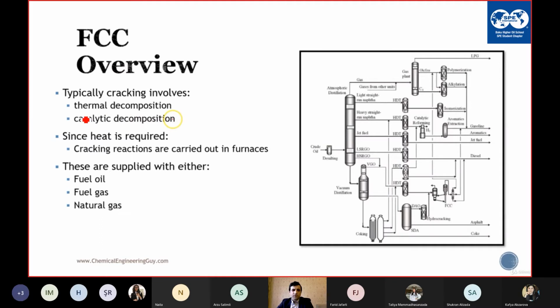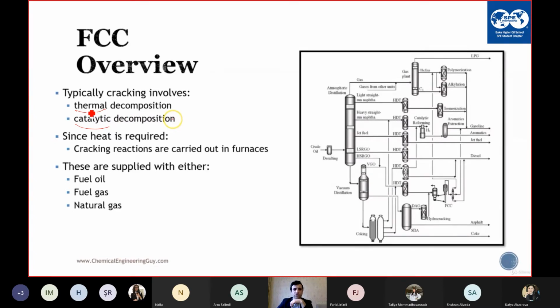Typically, cracking involves thermal and catalytic. Who can tell me what can be the main difference between these decompositions, thermal and catalytic? Any idea? So, okay, I will ask the question differently.